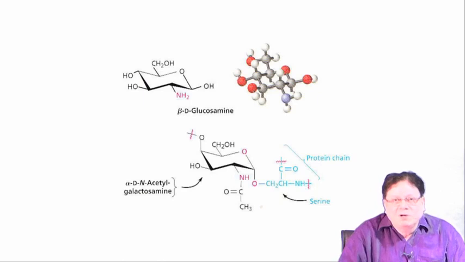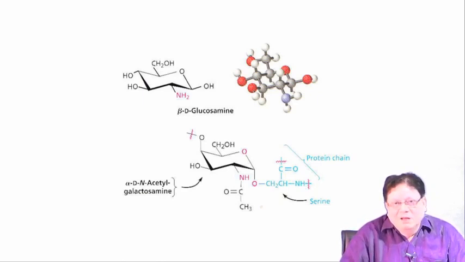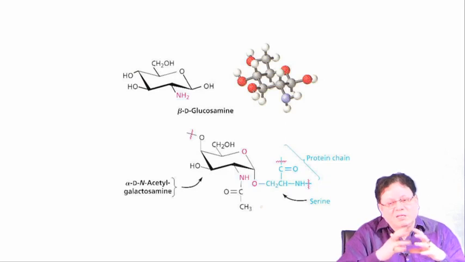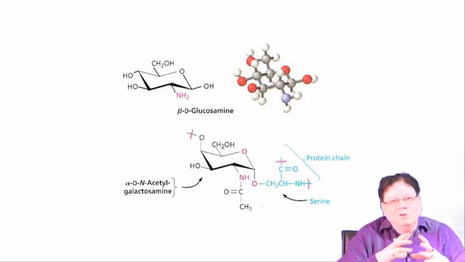This is a very important molecule. We will see later on the function of this glucosamine. This is a part of the unit which forms the cell wall of the bacteria. The cell wall contains the bacterial material inside, and glucosamine is a constituent of that.